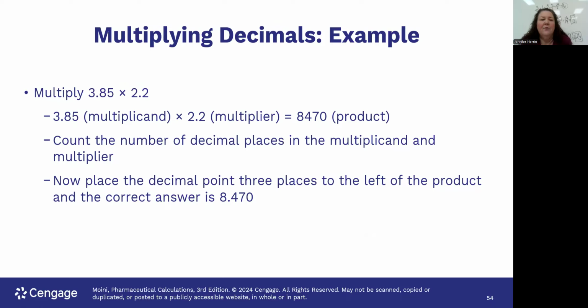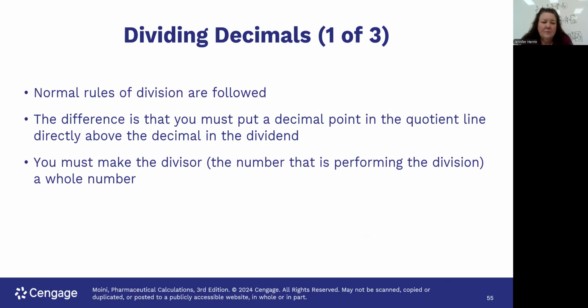So we had a total of 3 digits that were past the decimal point. So they had to go back and add that decimal point between the 8 and the 4 so that we would have 3 digits behind the decimal point in our answer as well. Again, so much easier if we just plug that into our calculator. 3.85 times 2.2 is going to give you 8.47.